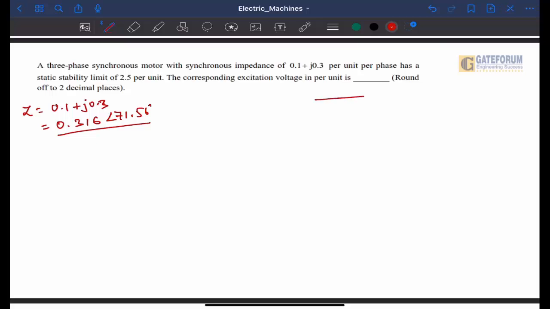Since it is a motor, this is EF, and the angle will be negative, the load angle, since it is a motor. This is the terminal voltage. This is 0.1 and j0.3.